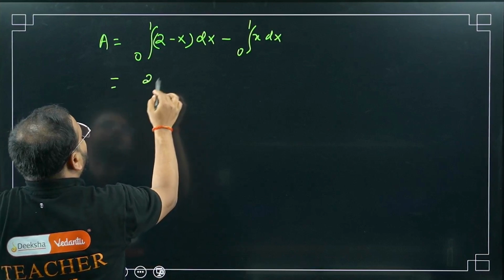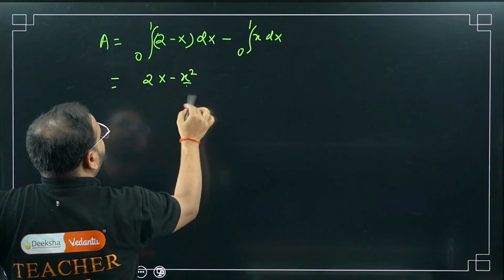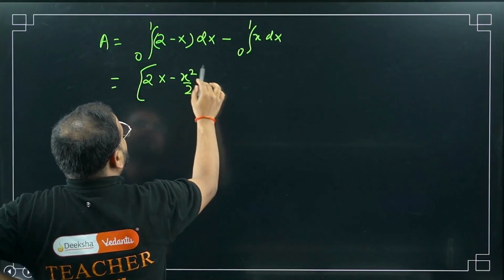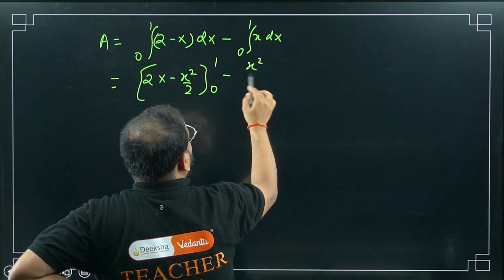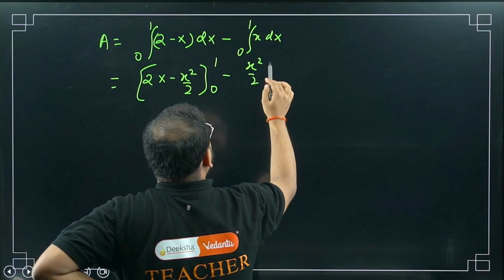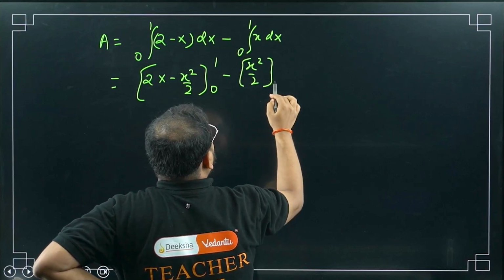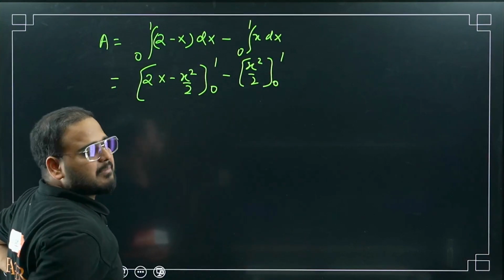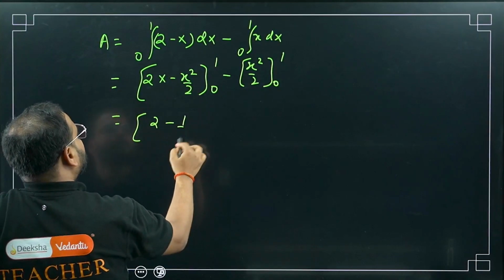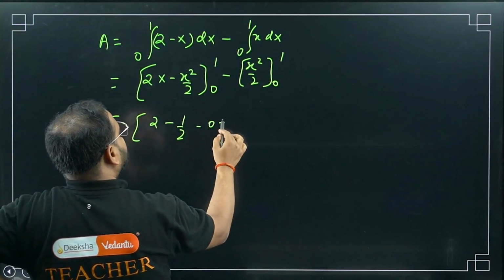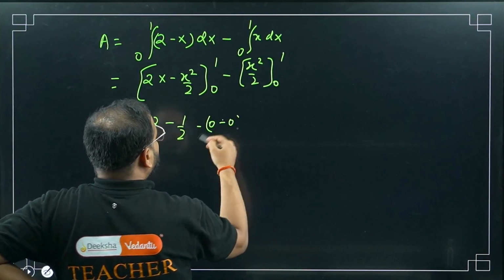It will become 2x minus x square by 2, from 0 to 1, minus x square by 2. I did it separately, but no problem. I could have done it at the same time because the limits are the same. So it's going to be 2 minus 1 by 2 minus 0, minus 0.